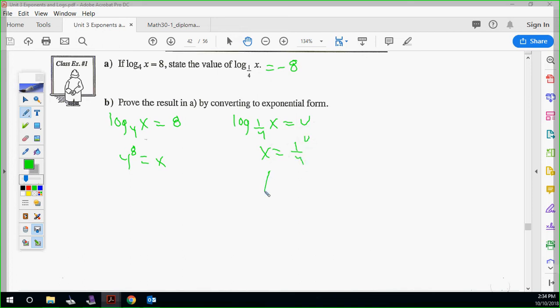Then we know it's x equals 4 to the negative v. And so you can see if x equals 4 to the 8th and x equals 4 to the negative v, so that's just negative what's up there. Just proving your point of that being flipped. Okay, perfect.